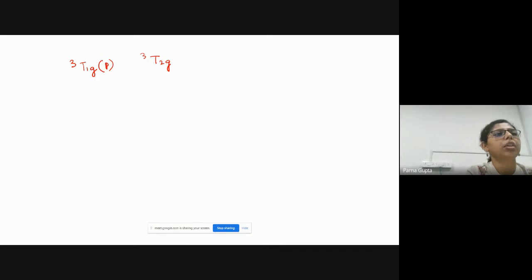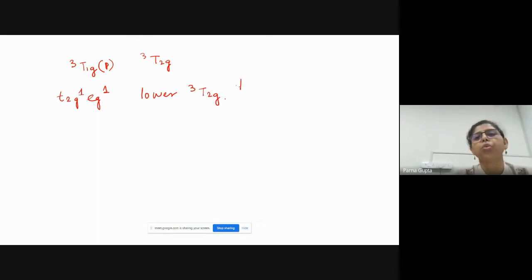So these are t2g1 eg1 systems. The lower is the 3T2g, right? Here you have to understand a little: two electrons lying mutually perpendicular, dxy and dz2, then repulsion is less.